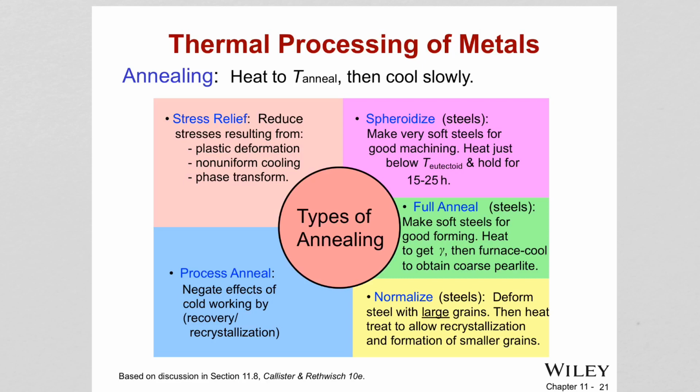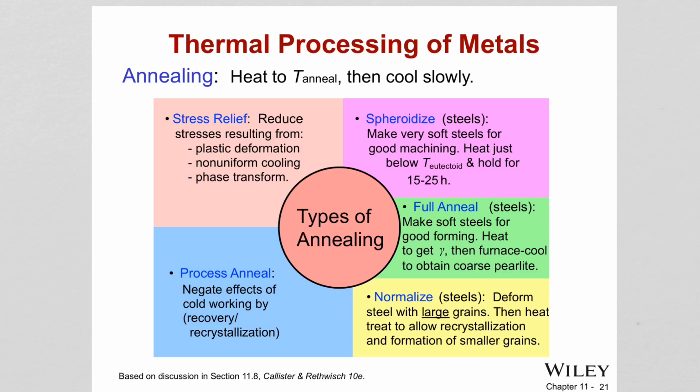This can induce stresses in the material, and this will make the material susceptible to stress corrosion cracking, etc. And there can be non-uniform cooling. So if throughout the piece you have different regions that are cooled differently, they will have different ductility. And you want to homogenize, right? You want to relieve the stresses throughout the piece that is forming.